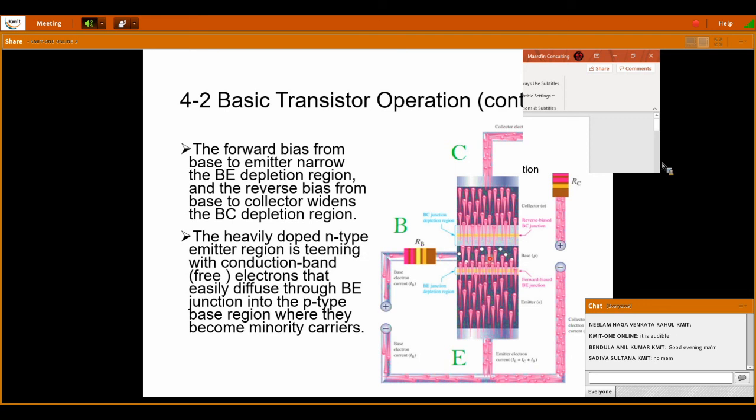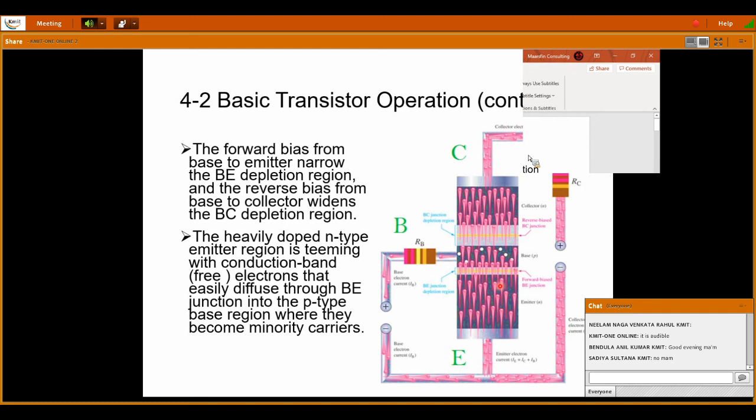Only a few charge carriers constitute the base current, and the remaining charge carriers which are emitted from the emitter are pulled out by the opposite polarity. Actually we have given a reverse bias, so this positive electrode can pull out the charge carriers. Let me take this as NPN. In the emitter region we have electrons, since it is n-type material.